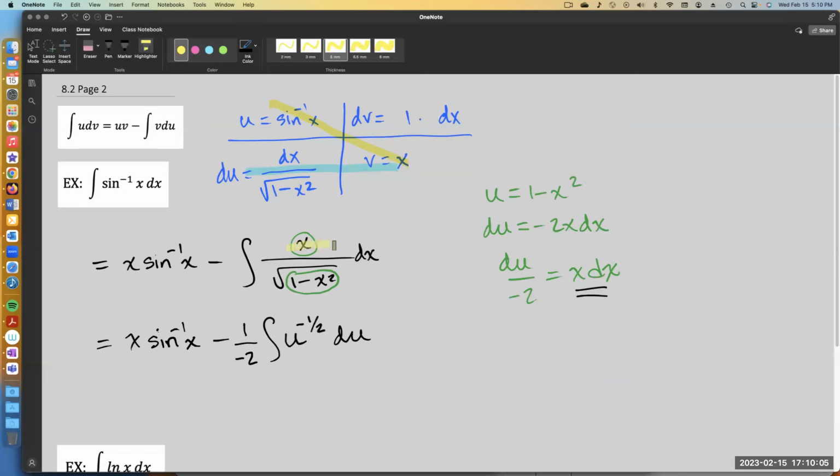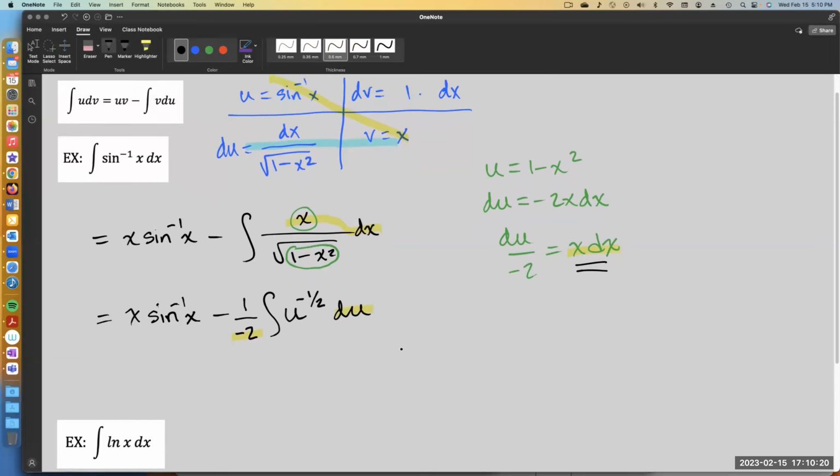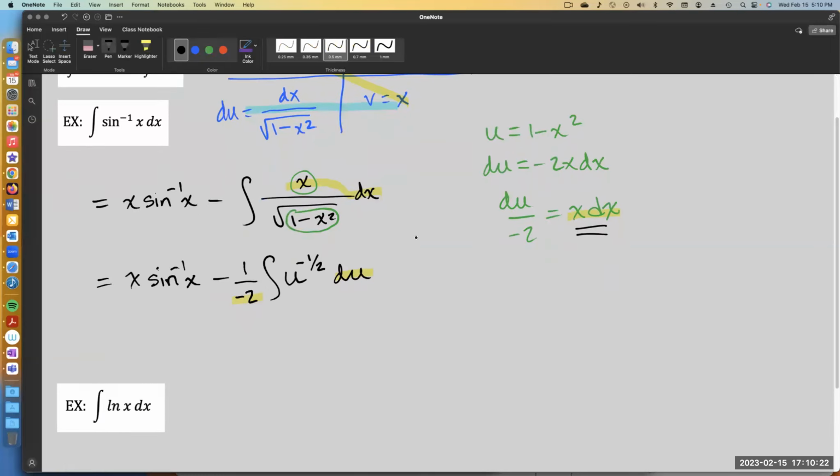So the x dx is becoming du divided by -2, and we have 1 over the square root of u. We pop it up to the top and make the exponent negative. And now we can fly to the finish line. That's going to be plus 1/2. I'm going to leave a little space here.